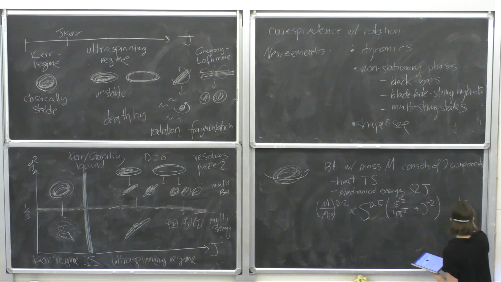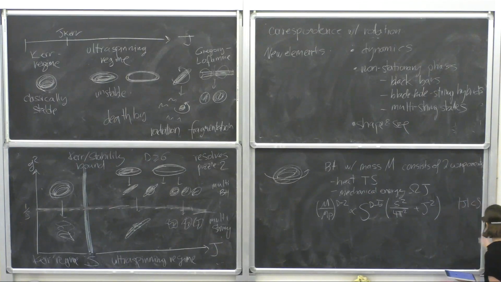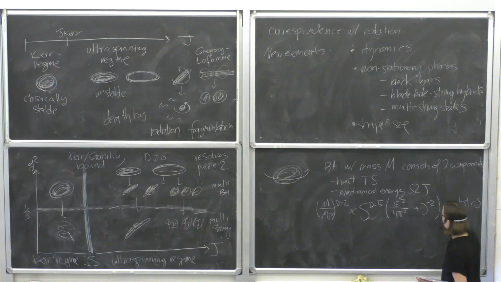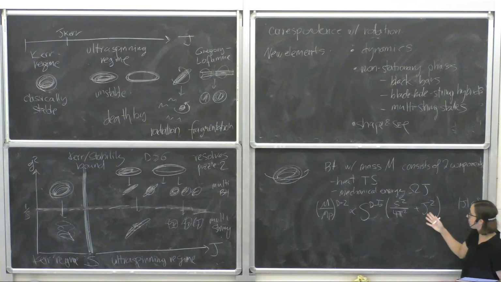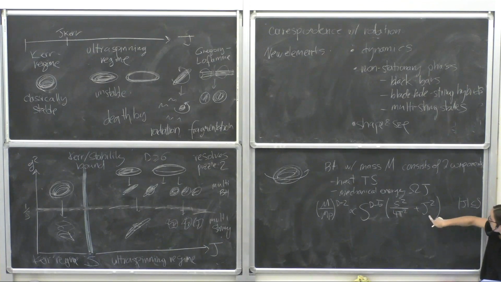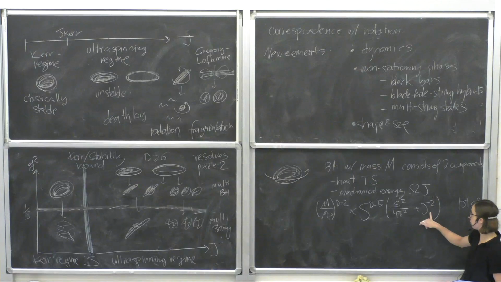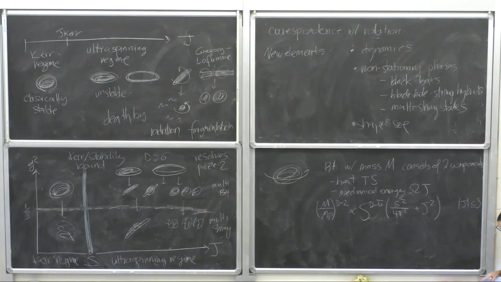So this is for absolute value of J smaller or equal than S. And one thing that you can extract from this formula is that the effect of rotation comes in the form of the square of the angular momentum. If you extract that out and make a number, it is angular momentum squared over entropy squared, J^2/S^2. So this is something that we will keep in mind. When we look at sizes of black holes, the effect of rotation should come in the form of J squared over S squared, okay?